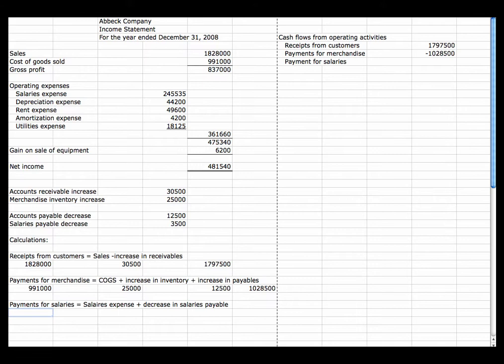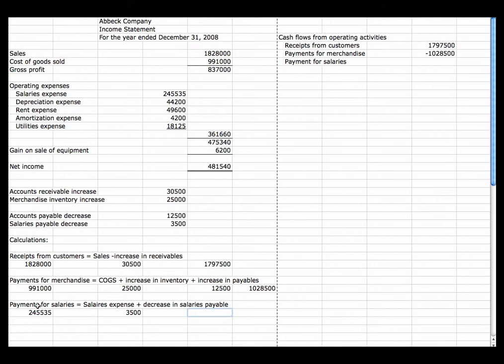So in this particular case, our salaries expense was $245,535, and our decrease in salaries payable was $3,500.